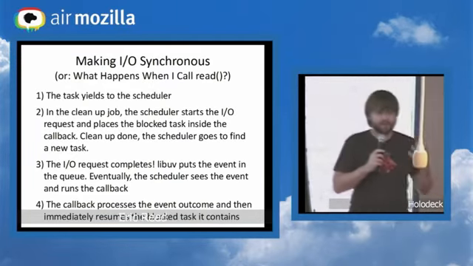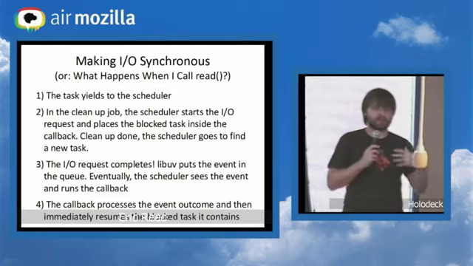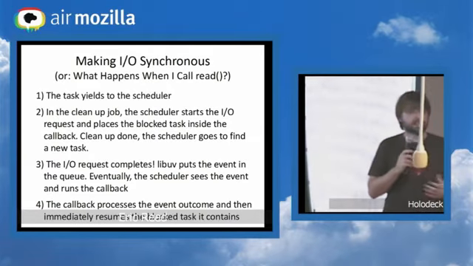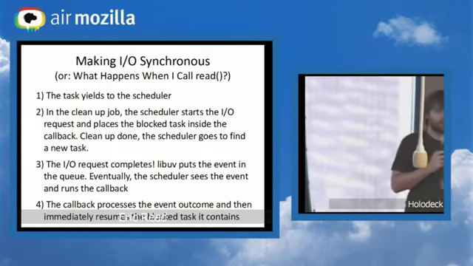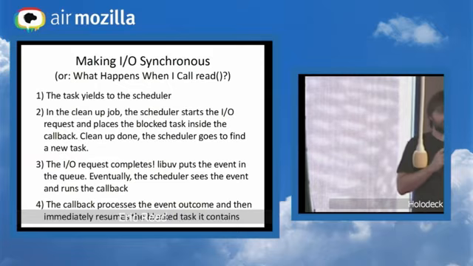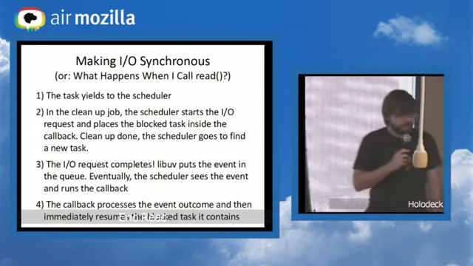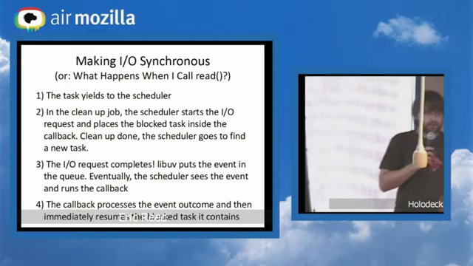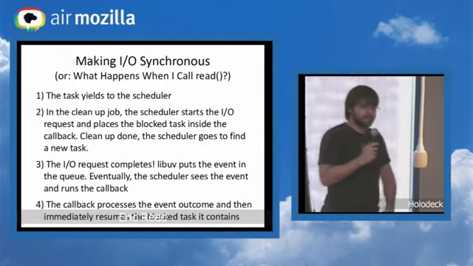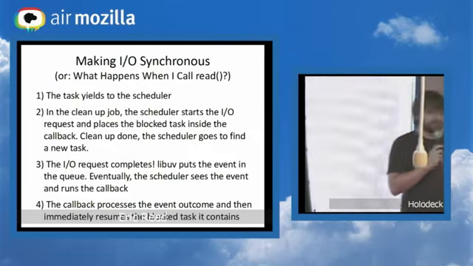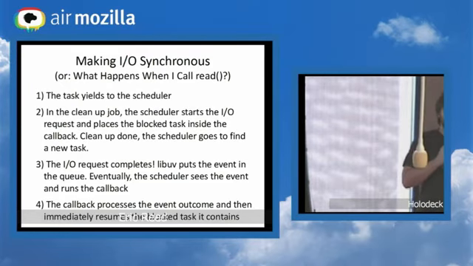And this callback gets the output from the event, so if it's a read, it'll get a buffer that's filled with data, or it'll get an error that something went wrong. You tried to read from a socket that has been closed on the other end or something. And it also has that task that we blocked. So it processes the output, and then it tells the scheduler, I want you to immediately resume this task that we blocked.